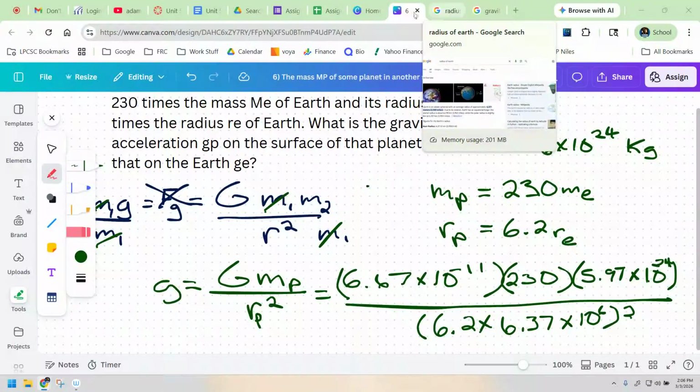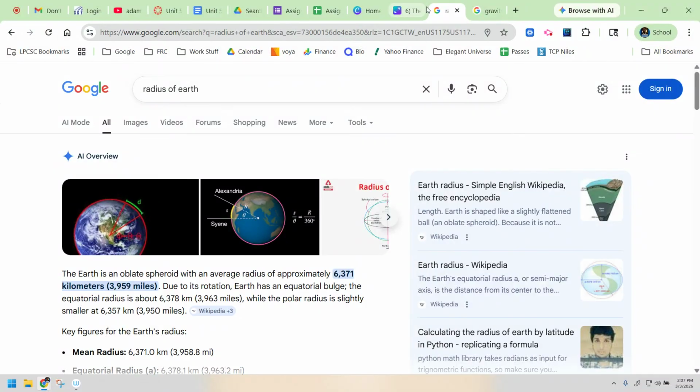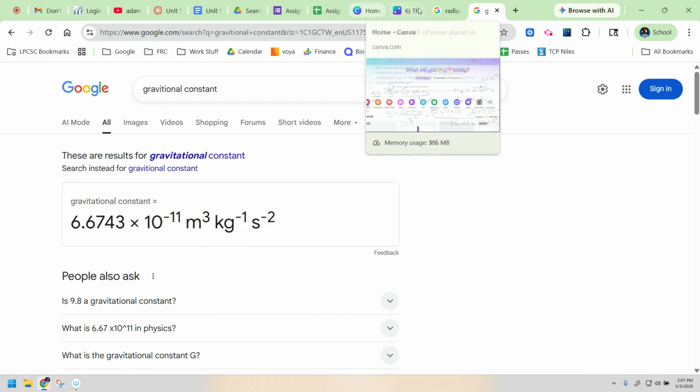So the mass of the Earth, let me double check this. So 6.37, that's right. I feel like I'm missing something here.